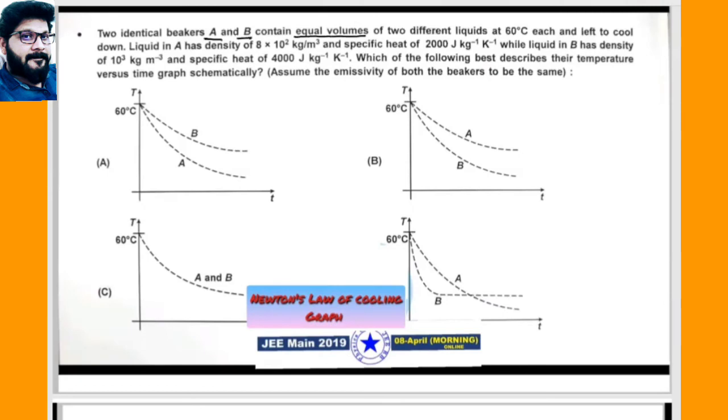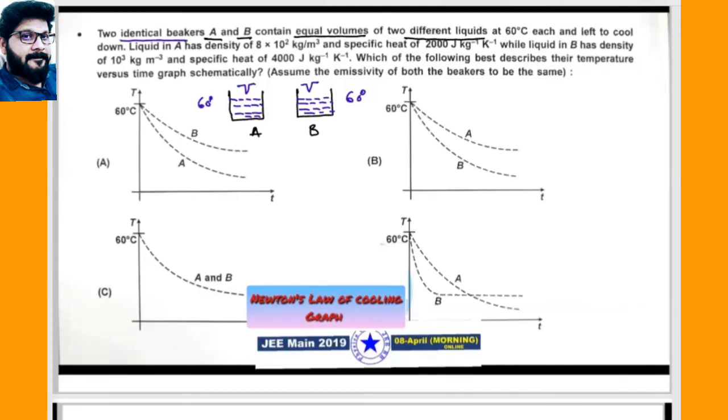So let me take two identical beakers, 1 and 2, A and B, containing equal volumes of two different liquids at 60 degrees centigrade each, equal volumes V and V.